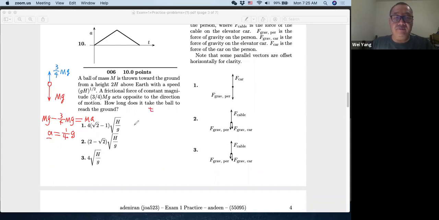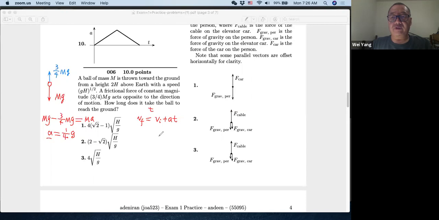To do that, now let's write the equation about their motion. Suppose this is the final velocity when the ball reaches the ground. This should equal Vi, the initial velocity, plus acceleration times time.